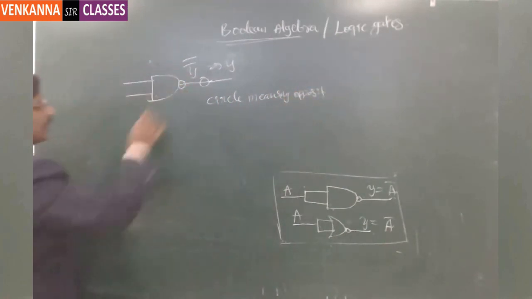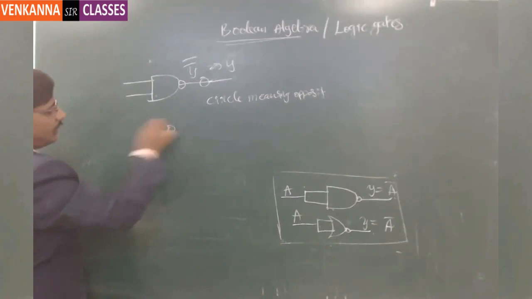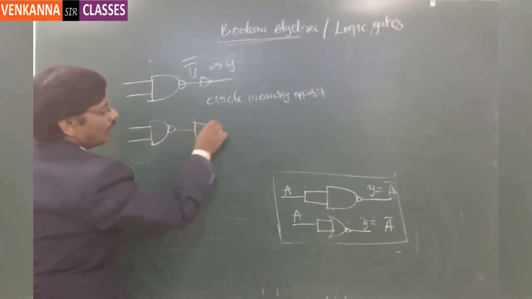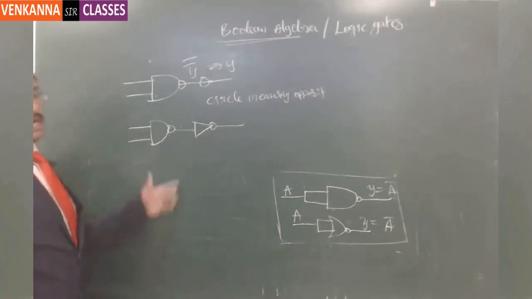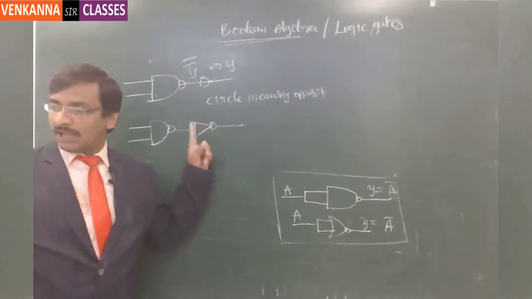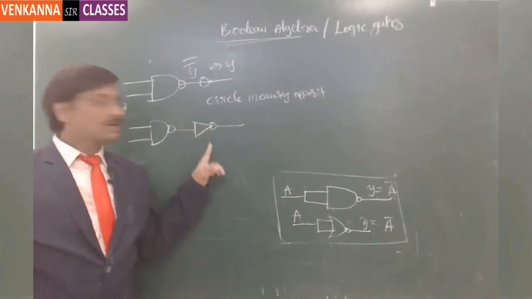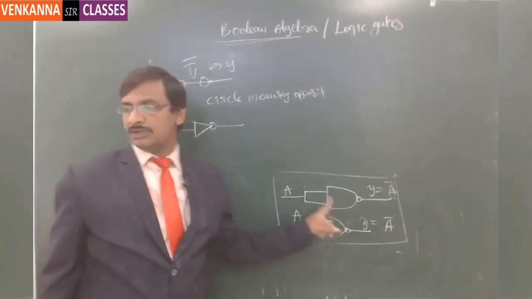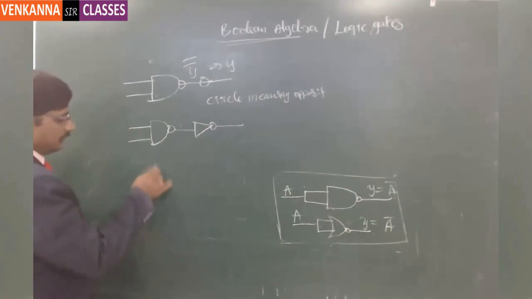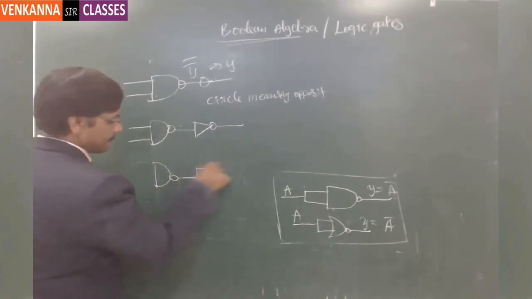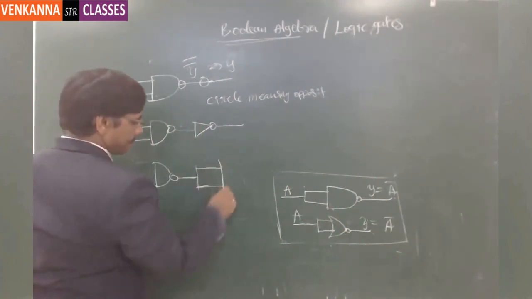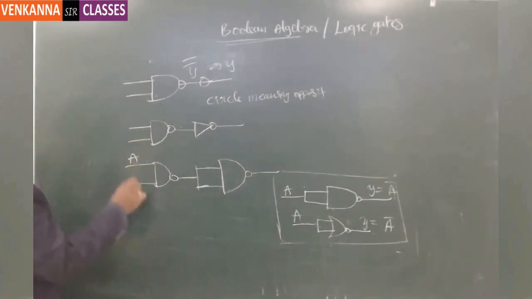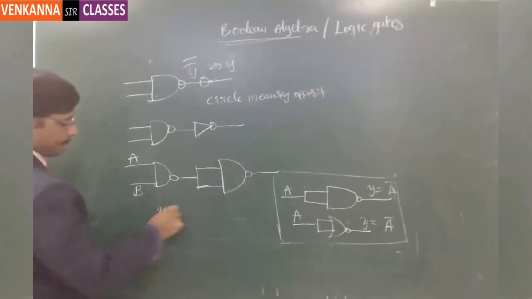If I put two different circles, each circle means opposite. Now this is an AND gate, NAND gate, and then this circle I can replace with a NOT gate like this. But I wanted to construct only with the help of NAND gate, and the NOT gate functionality we can realize with this kind of connection. So this can be replaced with this, so this is the AND gate.